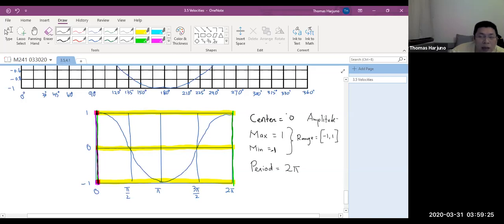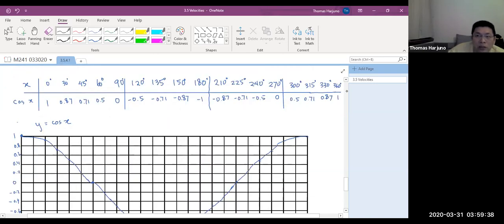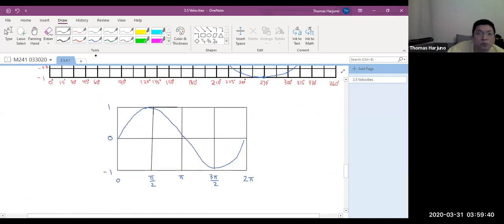You can say the amplitude is 1 because from the center at most it goes up 1 and goes down 1. Now, let me ask you to look back at our sine x and answer this question. What is the center?